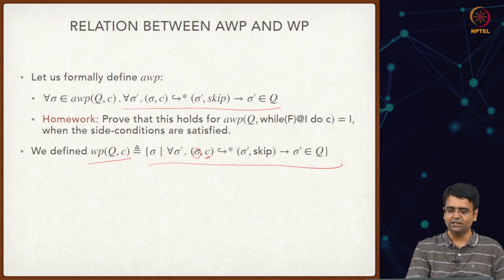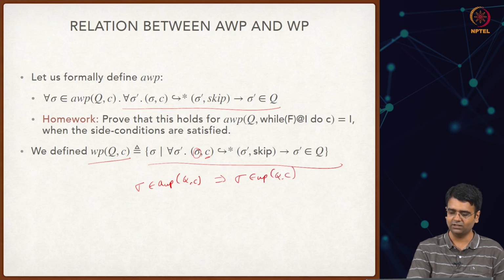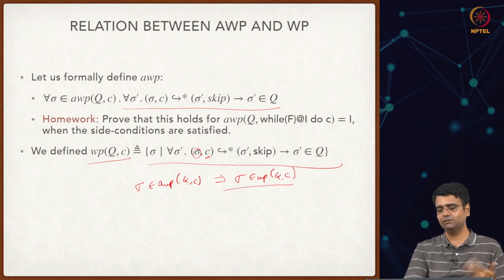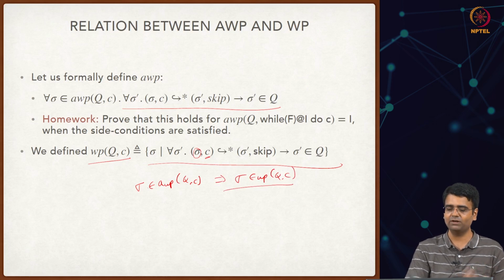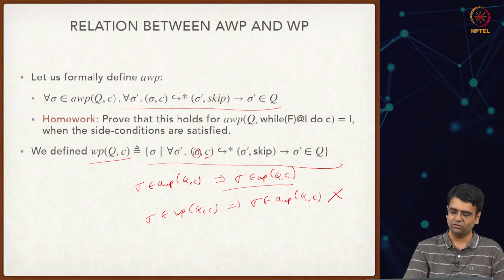So if you take any state sigma which is in AWP Q comma C, then that state is guaranteed to be present in WP as well. But WP is the weakest precondition, which means that it is the largest possible such set of states. So all such states may not be present in AWP. If you take a state which is in WP Q comma C, then it need not be present in AWP Q comma C. So AWP Q comma C is essentially a subset of WP Q comma C.